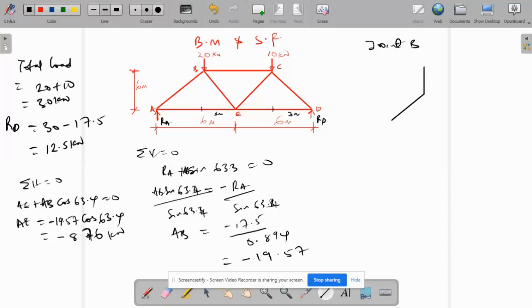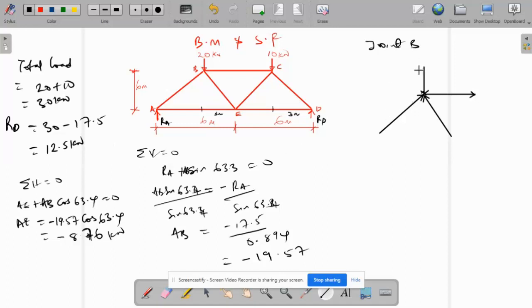We have the other one, AB, and we'll have AE, and we'll have BE, and we'll have BC. So this load here, remember that this one is acting downward, and from our calculation, this one was pointing this way, and this one, we don't know where it is going to. We can decide to put it this way also, and put this one this way.